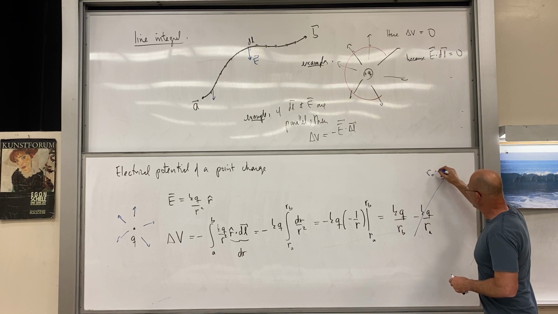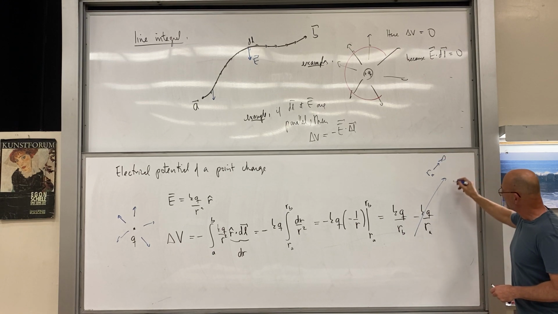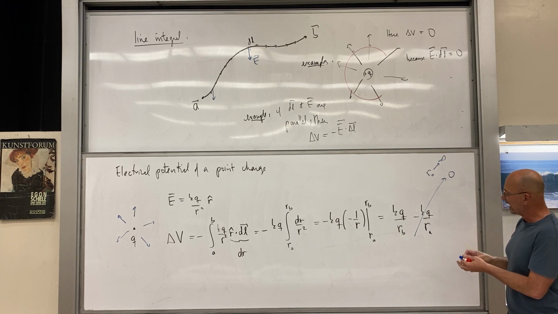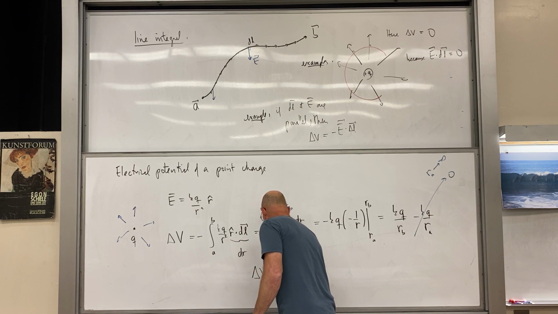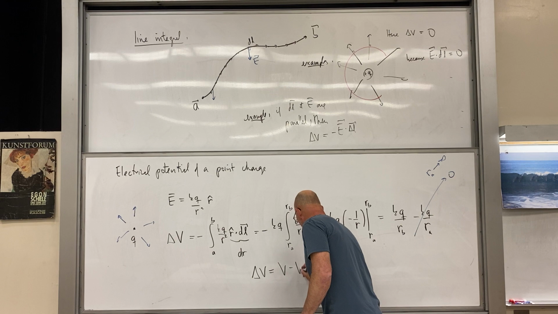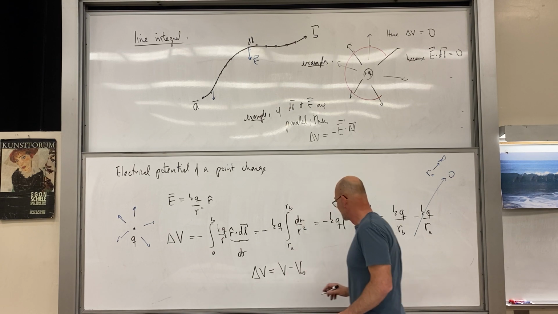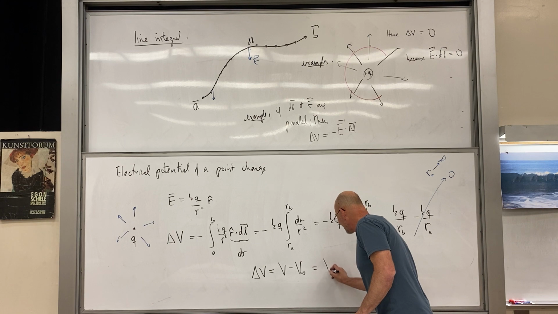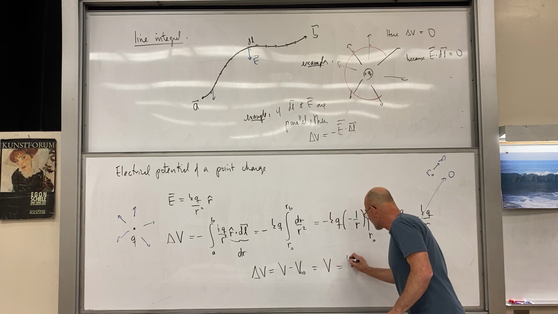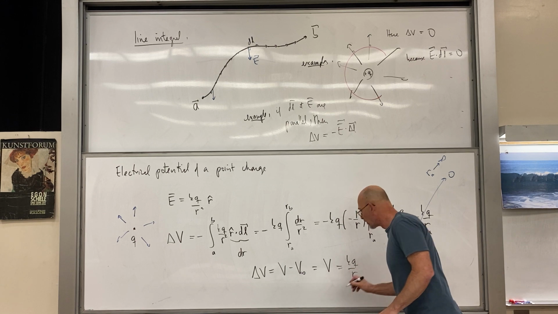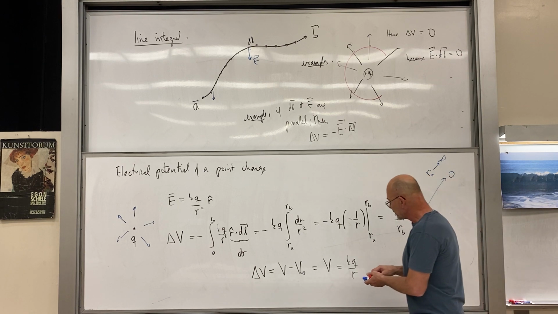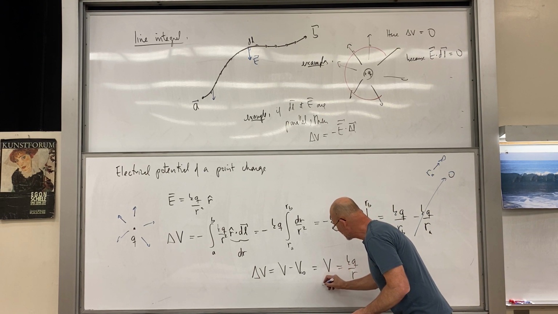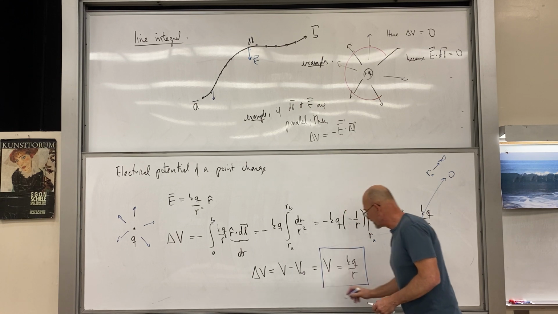R sub a goes to infinity, this goes to 0, and we have delta V is equal to V minus V at infinity, which is equal to V, because this one is 0, which is equal to KQ over R. So this is what we're left with, there's our formalism.